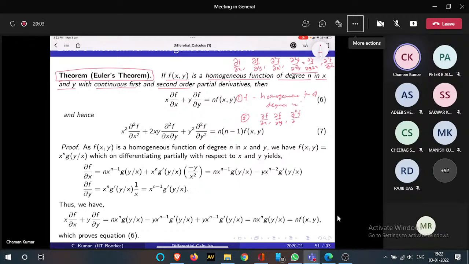And we have four second order partial derivatives, differentiating twice with respect to variable x, differentiating with respect to variables x and y both. You can interchange the order of derivative, but due to continuity they will be the same. So you have four.